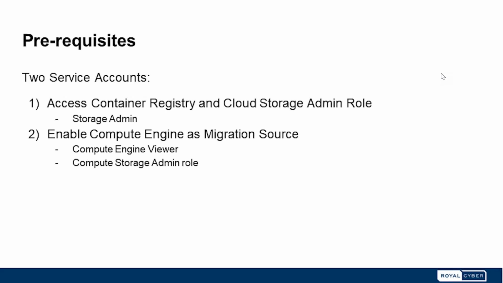A few prerequisites. We are going to create two service accounts for this migration and modernization. One service account is going to have access to Container Registry and the Cloud Storage admin role. Essentially, the default storage admin role is going to do the trick. The other one is that we have to enable Compute Engine as a migration source, which will require Compute Engine viewer access and the compute storage admin role.